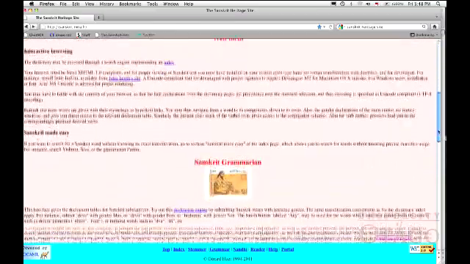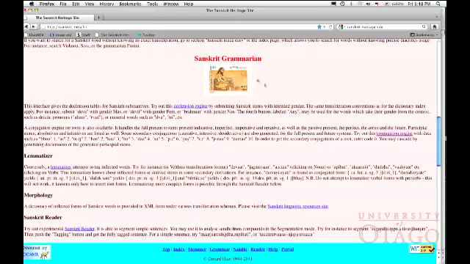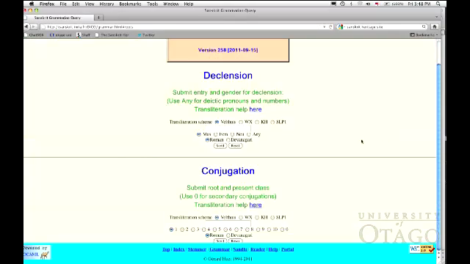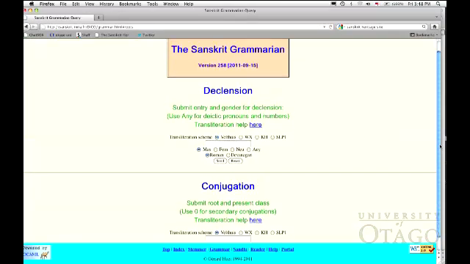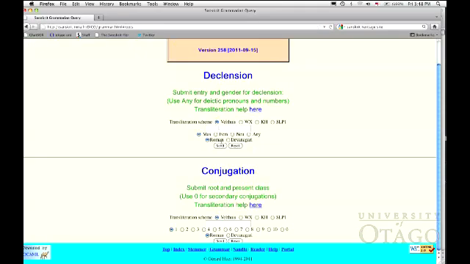You can go to the declension engine or the conjugation engine. The declension engine is for nouns, the conjugation engine is for verbs. This is the declension engine, and this is the conjugation engine.